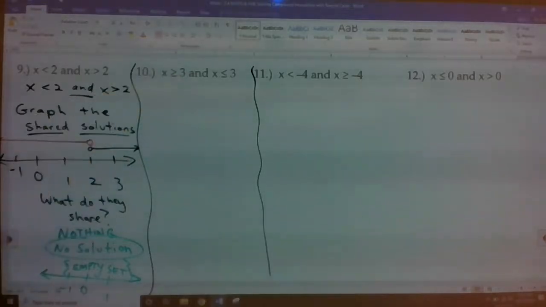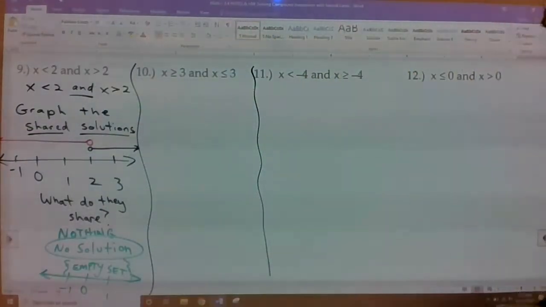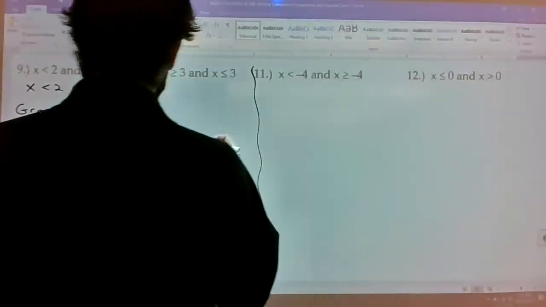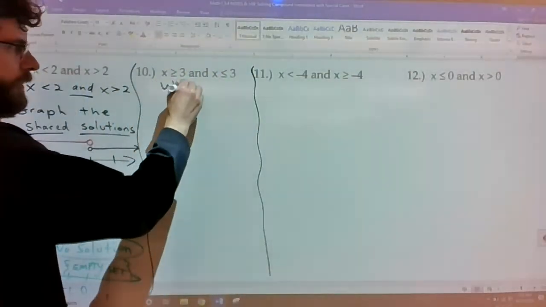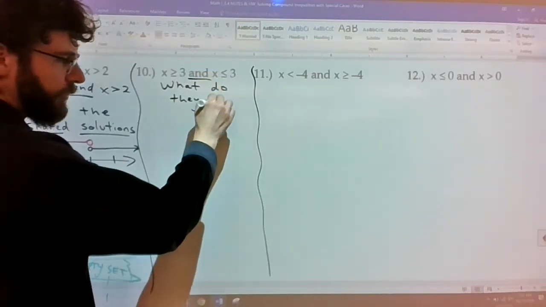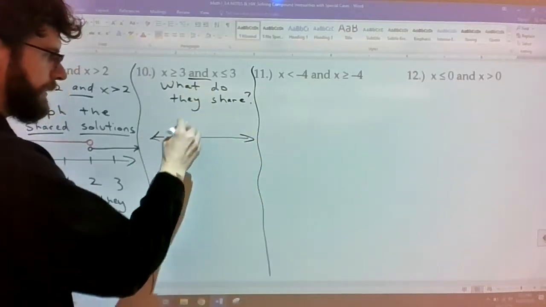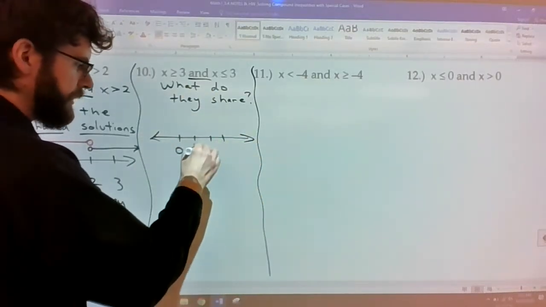All right. What happens if they're both equal to's? What do they share? Because it's "and," of course. Well, I'm going to go out to 1, 2, 3.